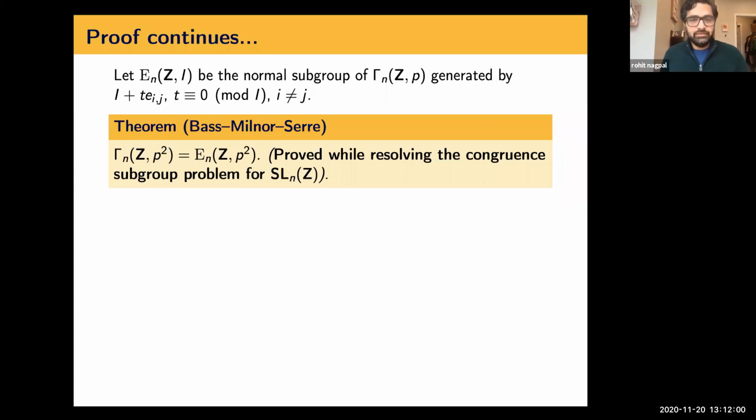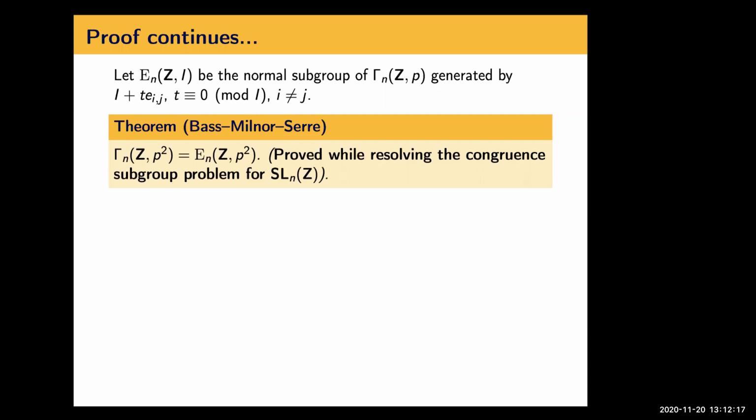And that's pretty much the theme of this talk. Later, I'm going to talk about certain algebraic groups where we do not have enough elementary matrices and how to handle that situation.